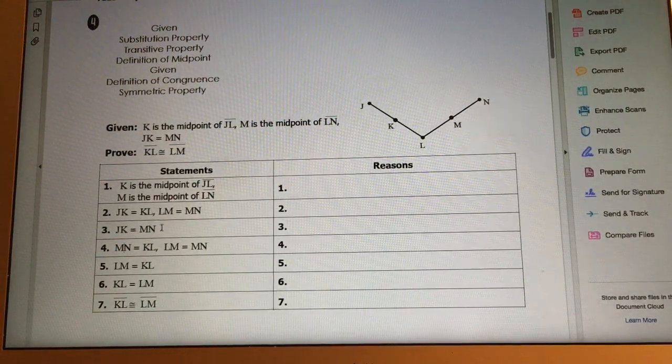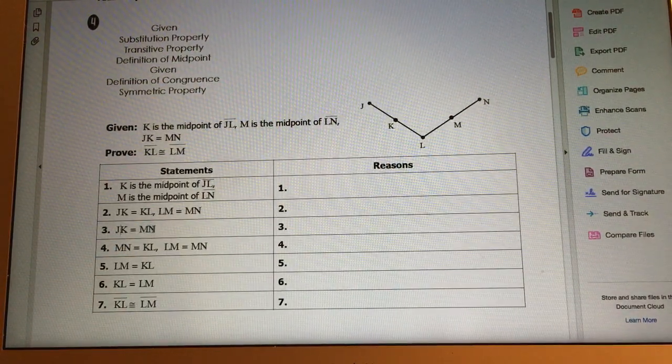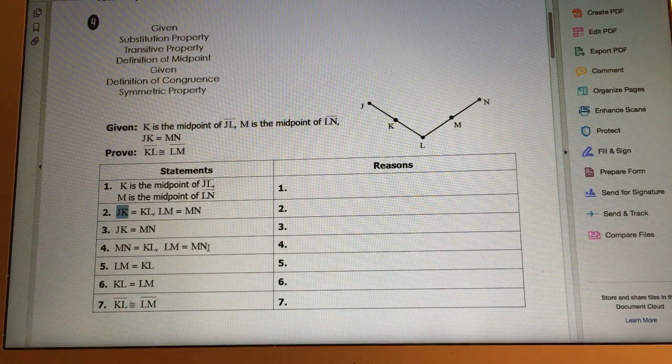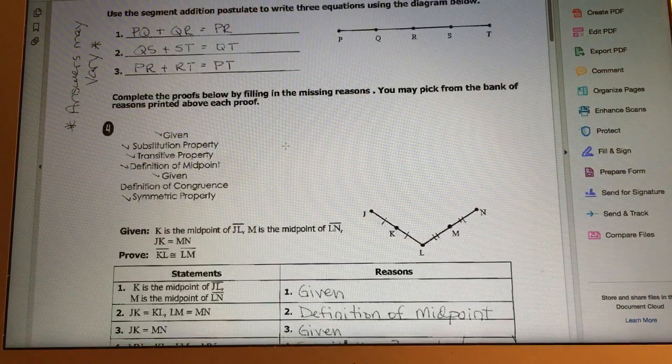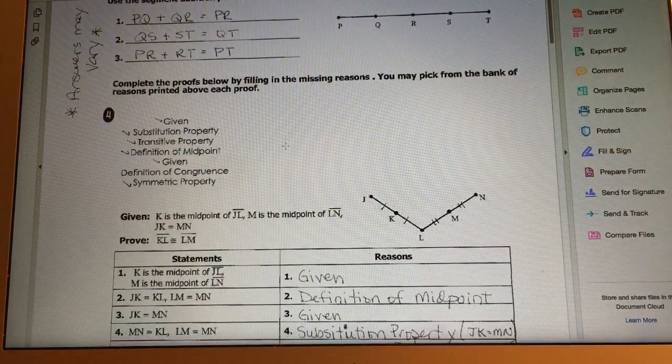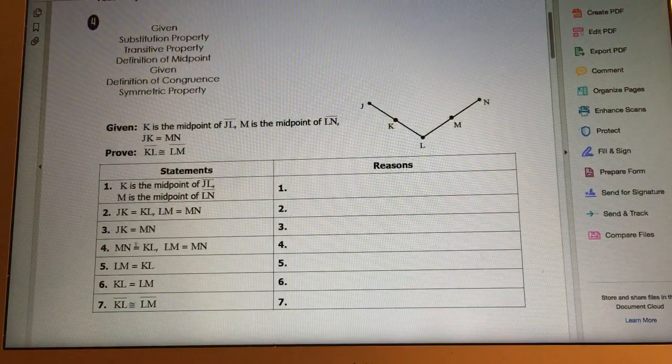Since we said that JK equaled MN, we substituted in MN for JK right there, and it became MN equals KL, LM equals MN. So number 4 should be the substitution property. Okay, so we did that by substitution property.